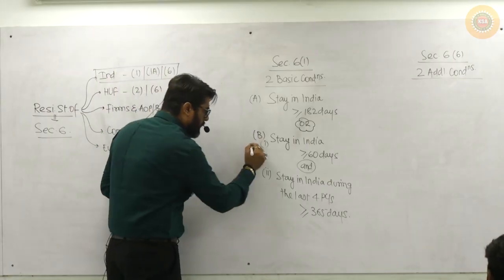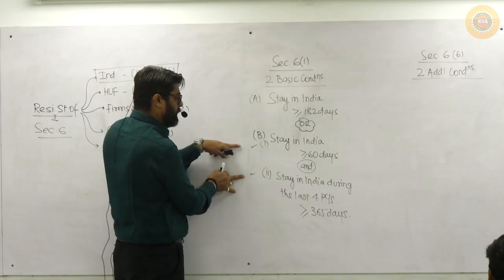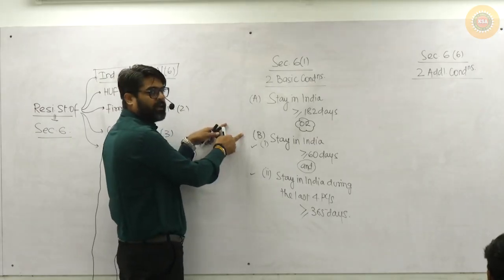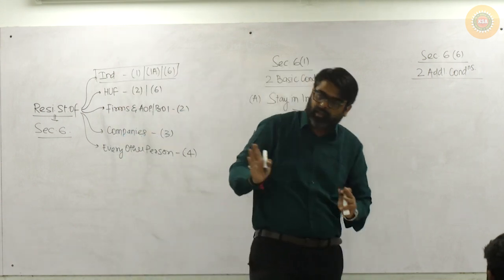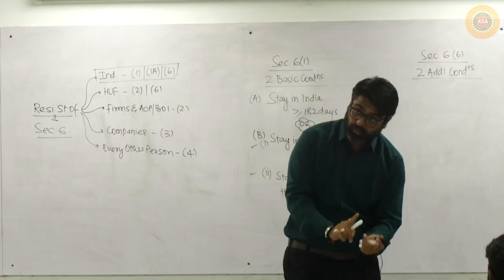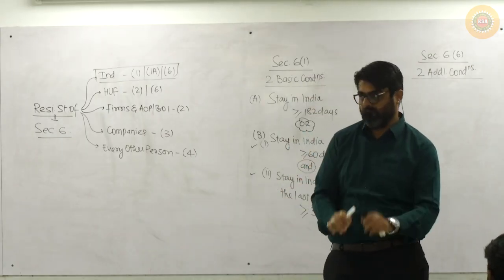If you fulfill this part as well as this part, both the parts, meaning that you have satisfied the basic condition B. Yes or no? If your stay in India is less than 182 days during the relevant previous year, but it should be more than or equal to 60 days in this year.